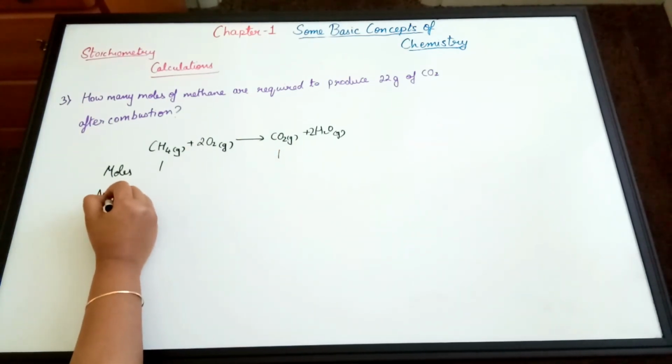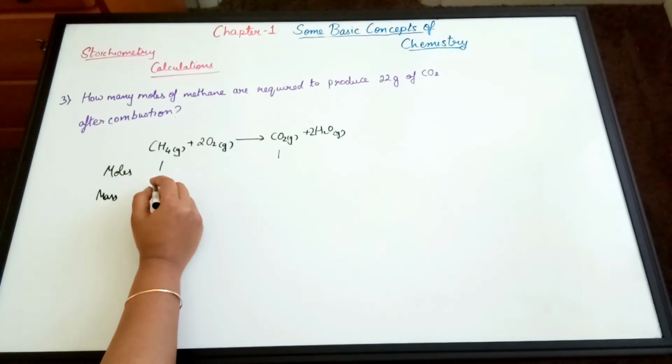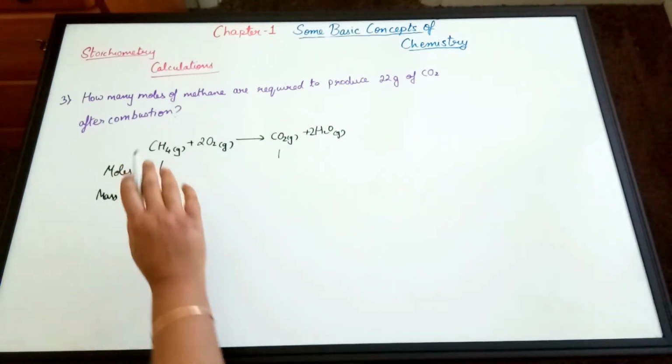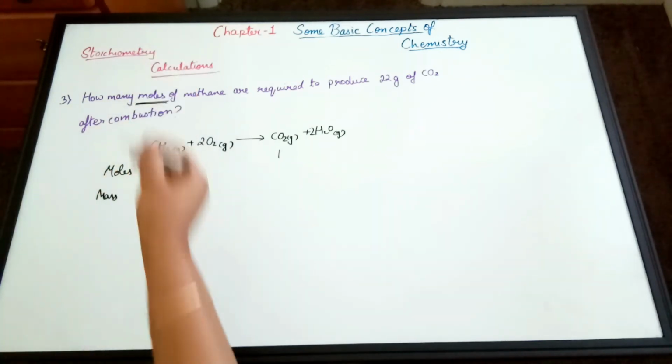So the mass relationship would be, the molecular mass of methane is CH4. Okay, sorry. So here we have to calculate the number of moles of methane.